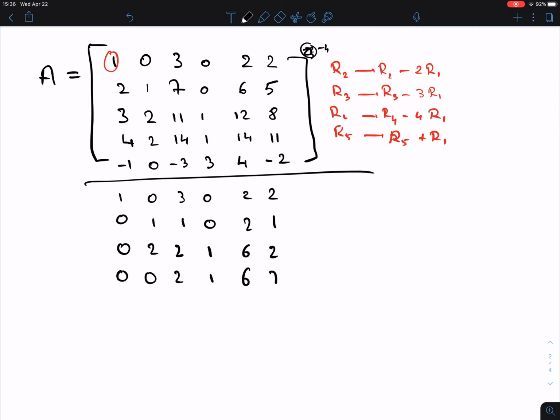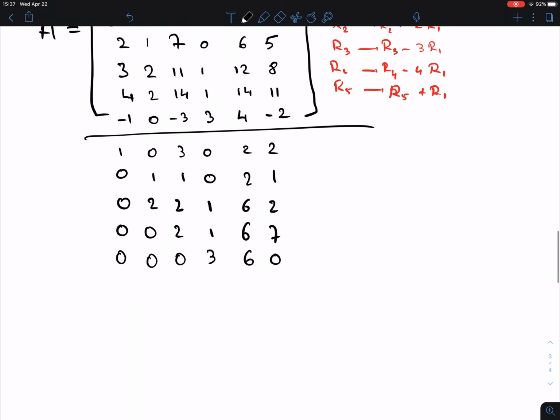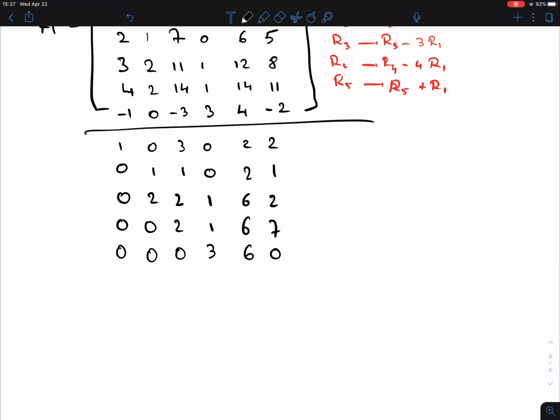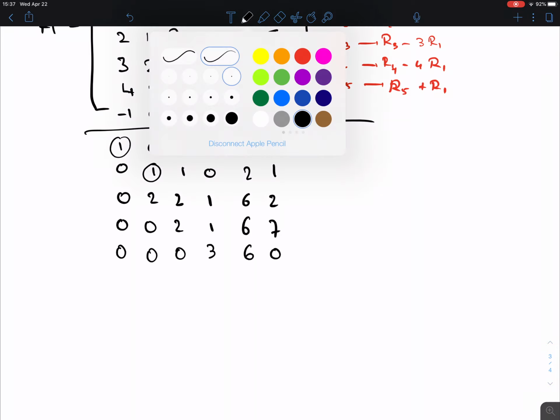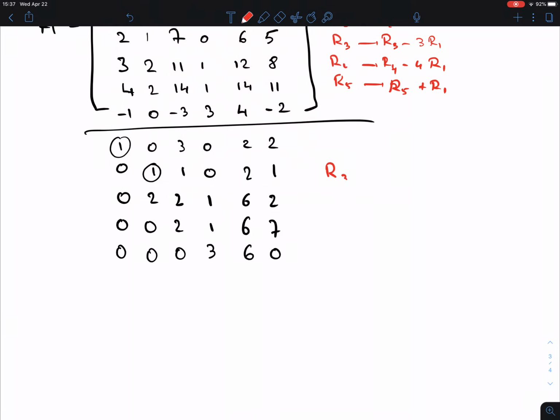Minus 4 plus 11 is 7. Okay, and then finally we have to add up 0, 0, 0, 3, 6, 0. Okay, good. About the 0, so this pivot is taken care of. Next pivot, yep, we do only one thing that we need to do, row 3 minus 2 times row 2.